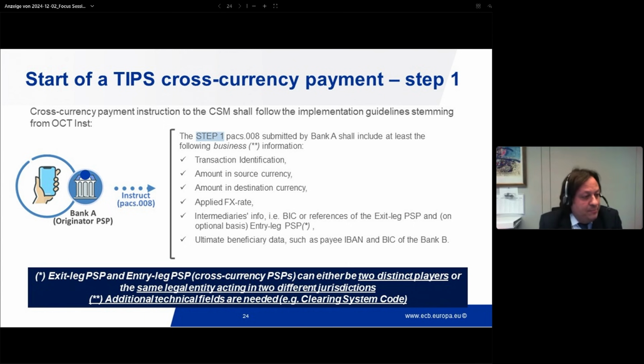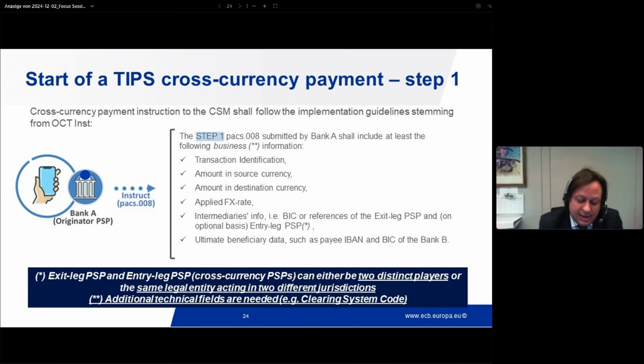Furthermore, the intermediaries will play a key role for the end-to-end settlement, because the debtor agent and the creditor agent will report respectively the PSPs managing the accounts of the payer and the payee, so in two different jurisdictions, whereas the two intermediaries, following the naming convention of the one leg out scheme produced by the EPC, we talk about exit leg PSP or entry leg PSP in the corresponding currencies.